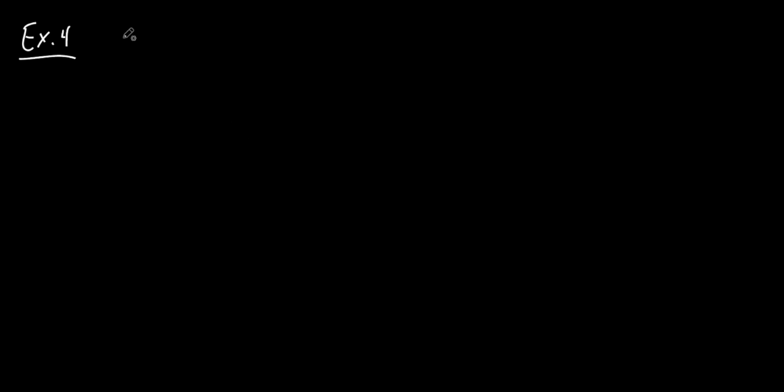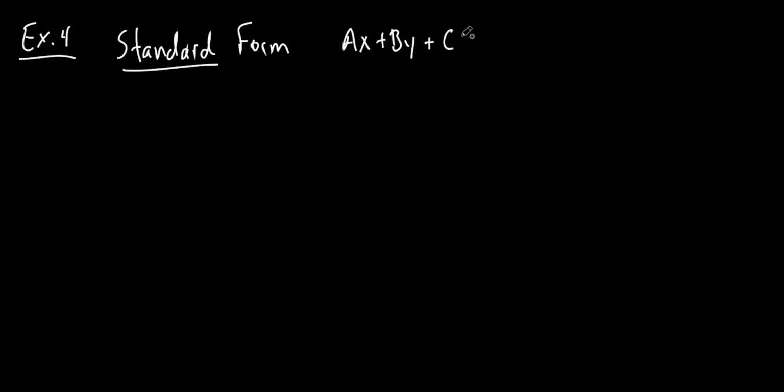Now, it says write the standard form. That's really not the part of this example that we're trying to do, but it is a little different, so we do want to put it in standard form. What is standard form? Do you remember that? Ax plus By plus C equals 0. Now, they have a lot of words in here.